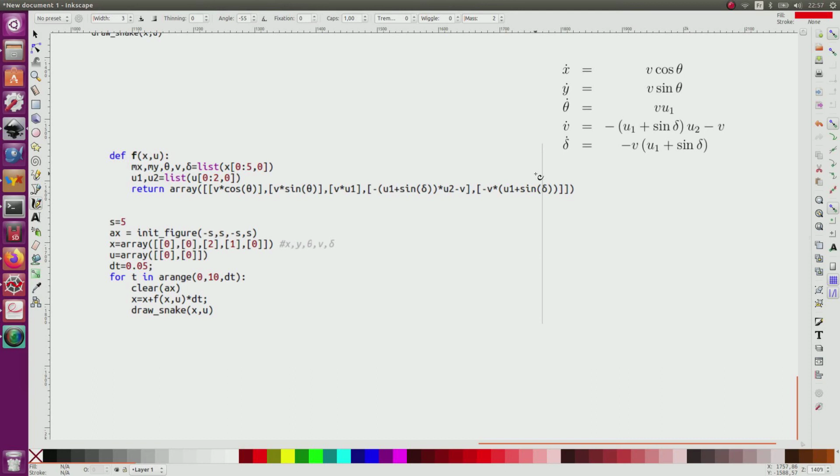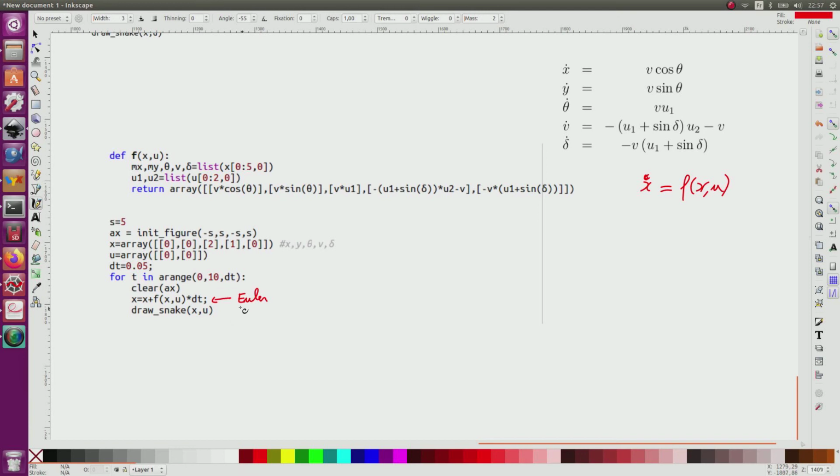For the simulation, I have to program the evolution described by the state equation, which has the form x dot equal f of x and u. For this, I will apply this Euler formula inside a loop.